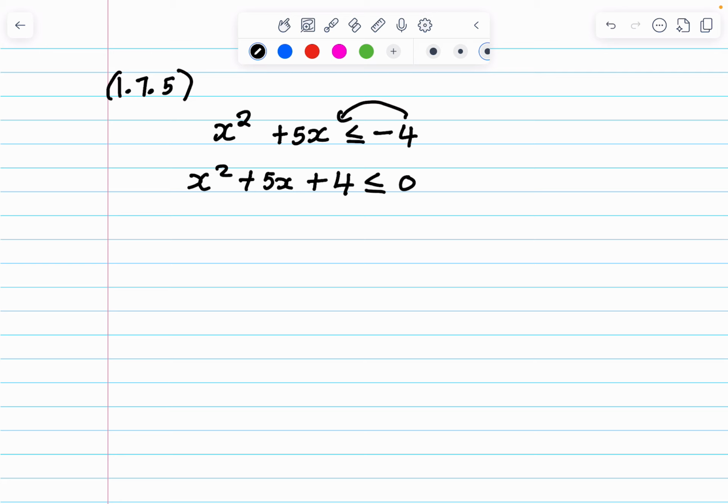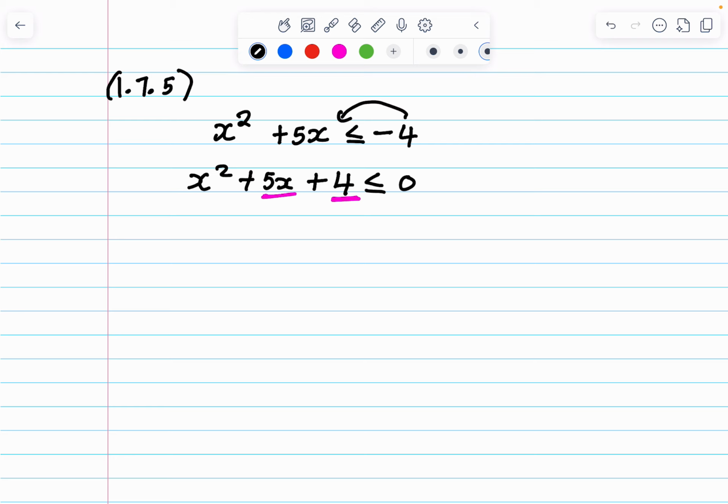And then, ladies and gentlemen, now we need to factorize this quadratic expression, right? So we need to get two numbers that multiply to give us 4, and when we add them, they give us 5, right? And those numbers are 4 and 1.